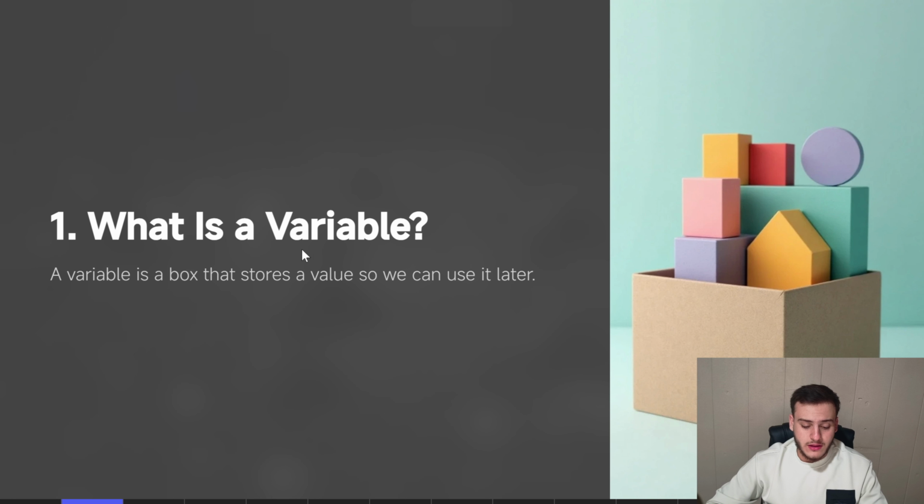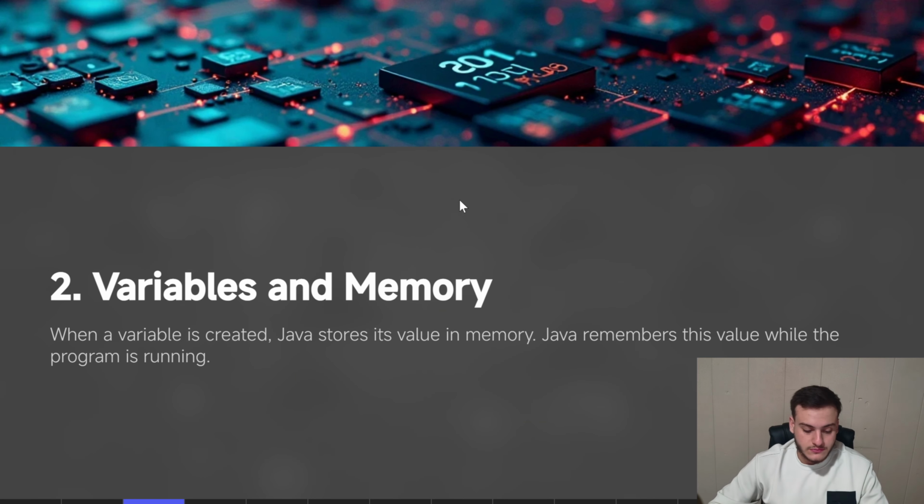What is a variable? The variable is nothing but a box that stores a value, so we can use it later. Variables and memory. When a variable is created, Java stores its value in the memory. Java remembers this value while the program is running. In other words, if a value is stored inside the variable, inside this box, so this box has a place, and in this case, its place is our memory.